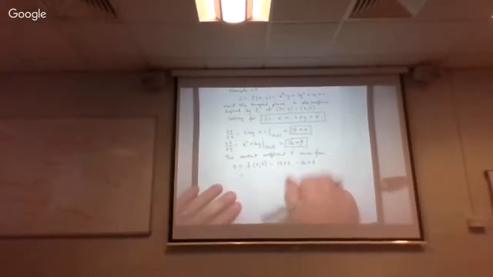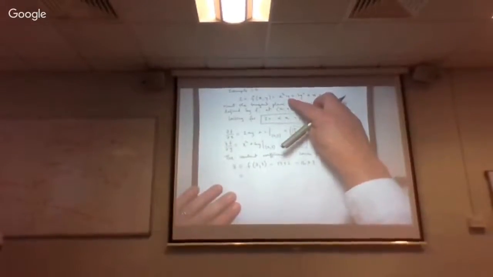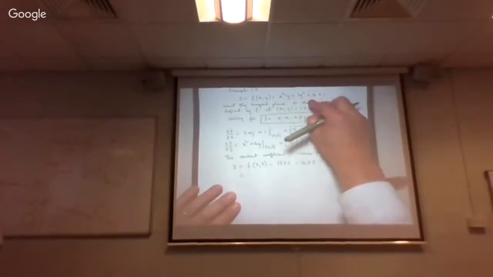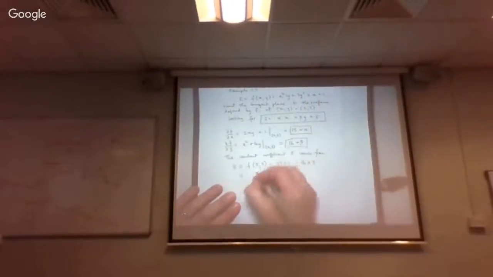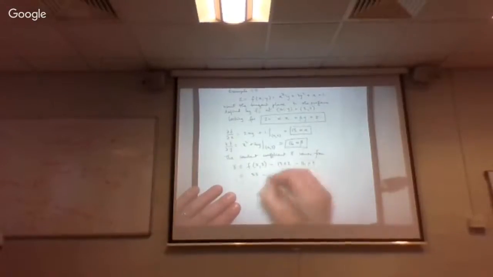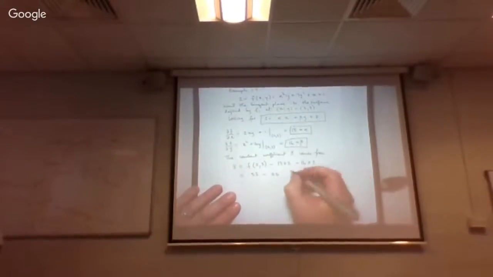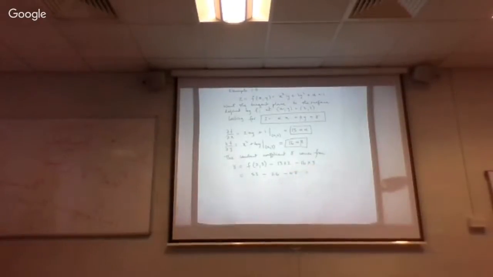Just whatever it is, so it's 4 by 3, 12, plus 18, 13, 22, so it's 33, I think. Correct me if I'm wrong. Minus 26, and minus 48.